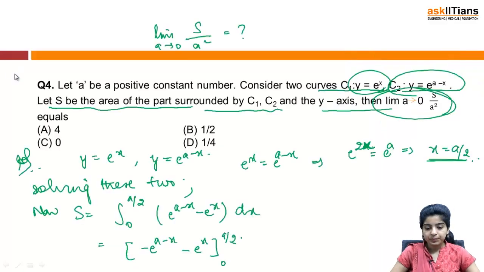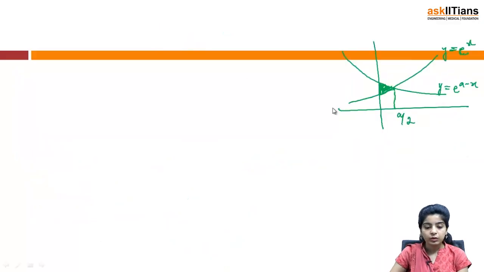So where were we? So S is the integral from 0 to a by 2 of e raised to a minus x minus e raised to x. You can see it from here now. This is our origin. So 0 to a by 2, area enclosed by this curve minus area enclosed by this curve.